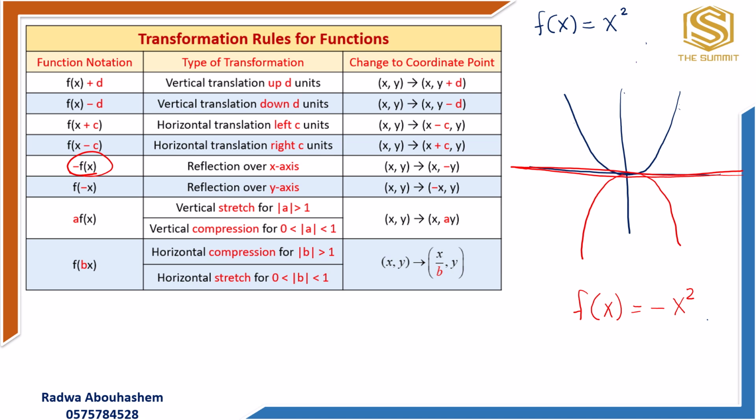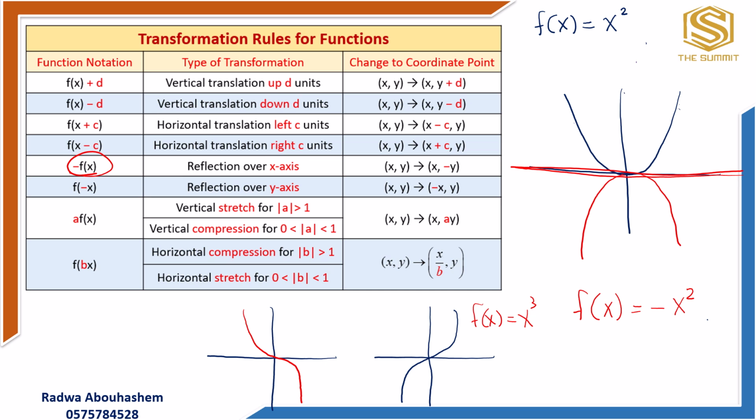Now, if you are flipping it along the y-axis, let me give you another example here. This is the cubic function, right? Good. Now, if you flipped it along the y-axis, it would be like this. So this means instead of x, you have to put -x. This is function of x equals x power 3, right? If I want to write it, it would be function of x equals, sorry, g of x.